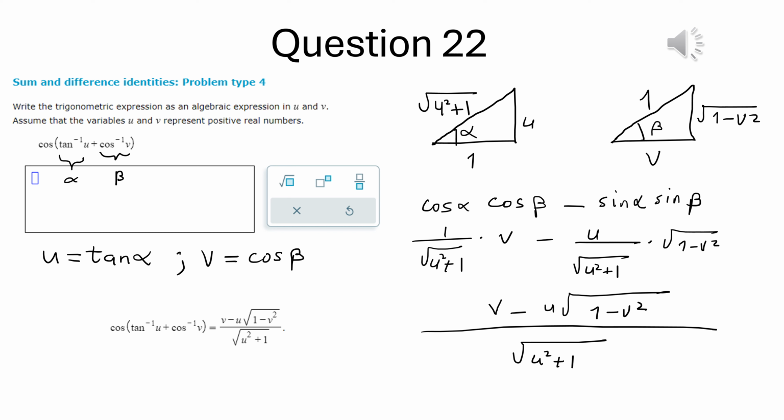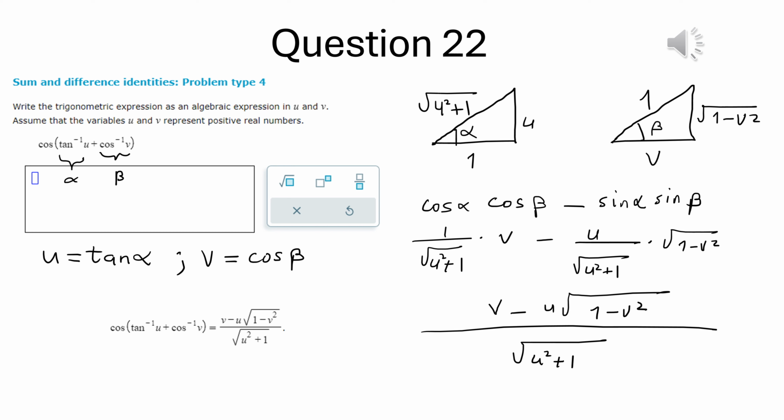And of course, using Pythagoras, you find the third side that is missing. In this case it is the hypotenuse in alpha and the opposite leg in beta. Okay, using the formula for decomposition, cosine of alpha plus beta is cosine alpha times cosine beta minus sine alpha times sine beta. Use substitution in each expression.